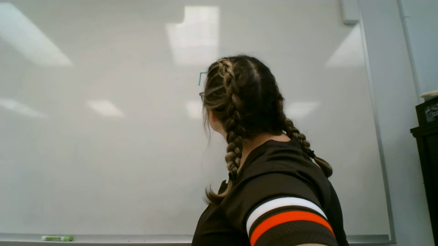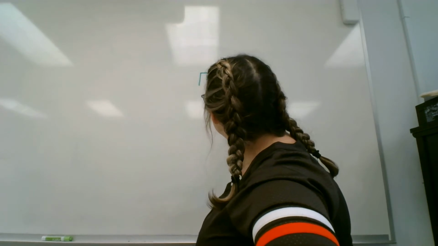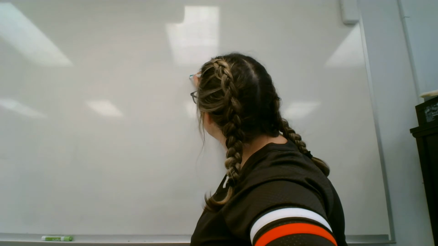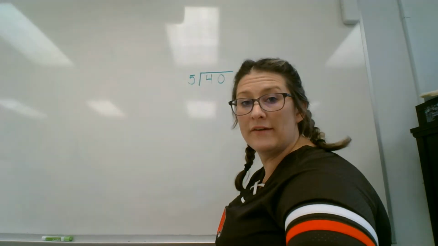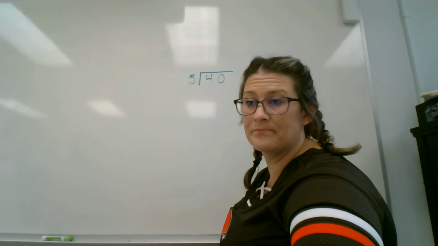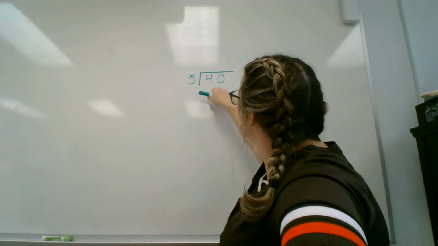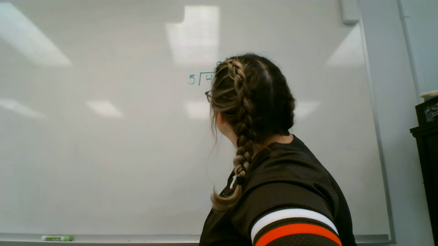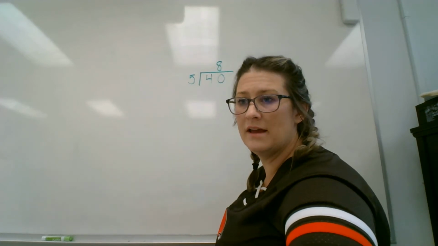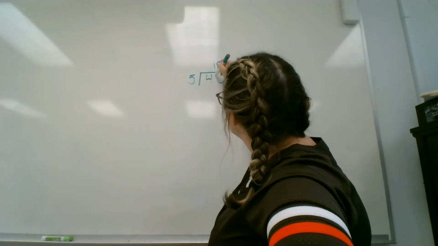I have my division sign. I'm going to put my big number down, and my 5 goes here. Then you have to solve, okay? 40 divided by 5. How many times does 5 go into 40? 8 times, okay? So that is your number.